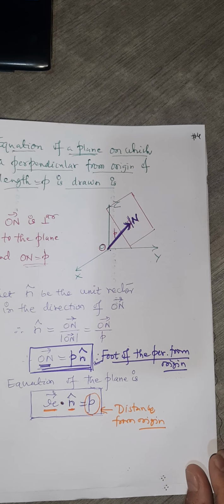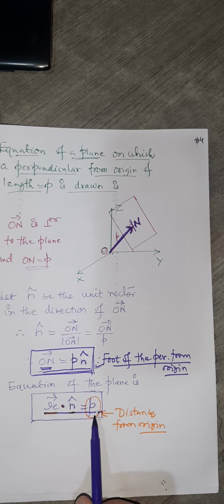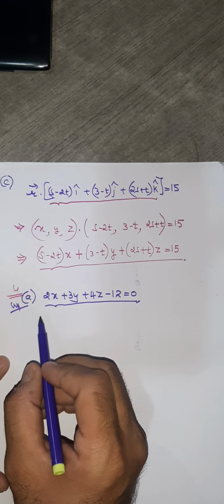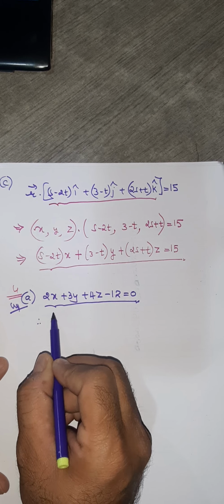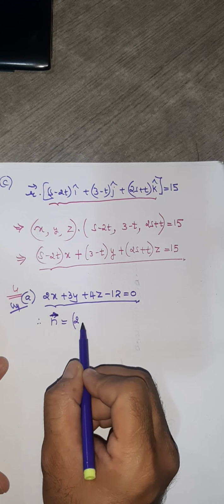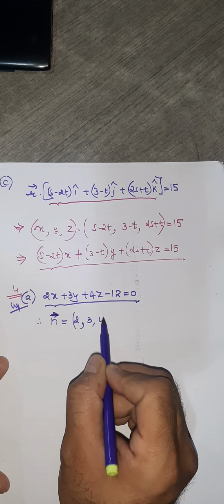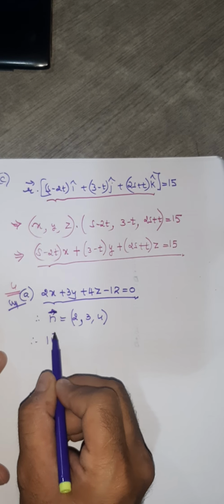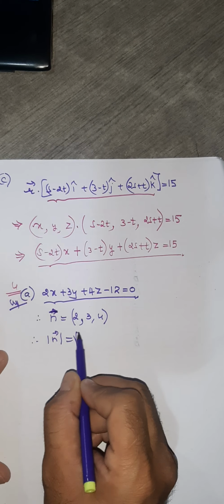Okay, so to get the small p, you need to express in which form? This form, remember, for the given plane. So I'll be doing this now, which we did a number of times. So here the normal to this plane equals 2, 3 and 4. That's the normal to the plane. Make it a unit vector, so divide by its magnitude. What is its magnitude?